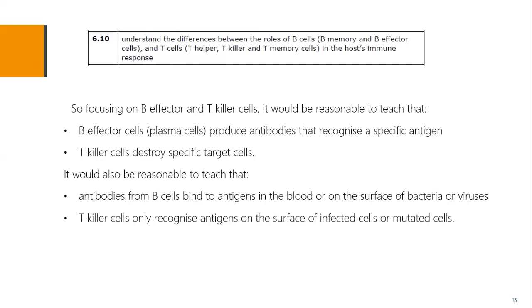So it says, understand the differences between the roles of B cells, B memory and B effector cells, and T cells, T helper cells, T killer cells, and T memory cells in the host's immune response. So it's one section of learning about T cells and B cells.